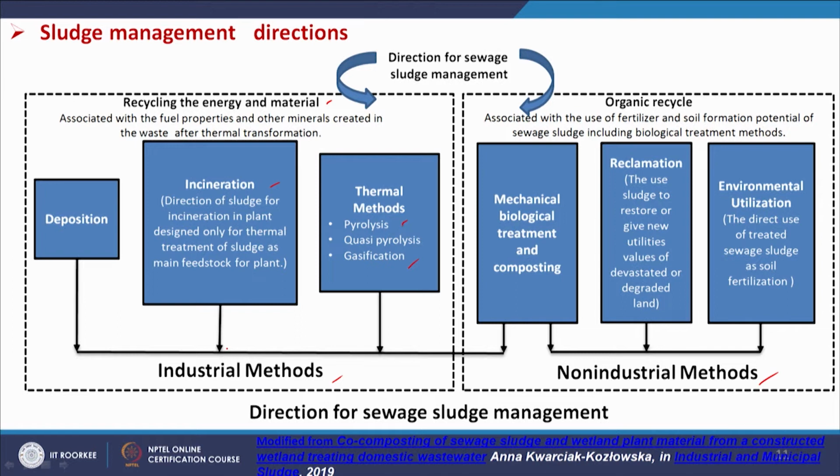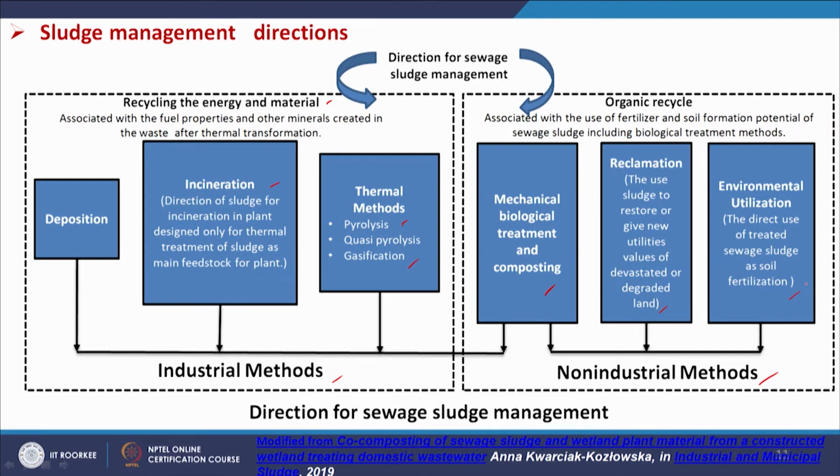Okay. So, we see here that mechanical biological treatment and composting is one option, and this is the use of sludge to restore or give new utility values to devastated or degraded land, that is, the improvement of the land quality, or environmental utilization, the direct use of treated sewage sludge as soil fertilization.